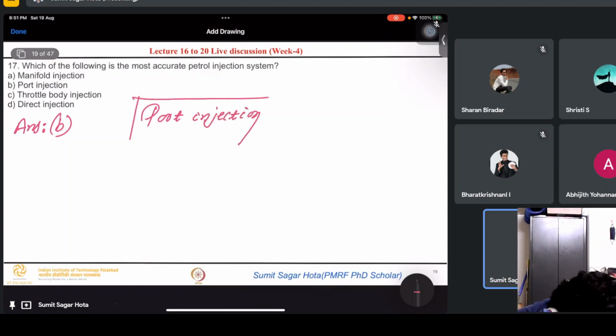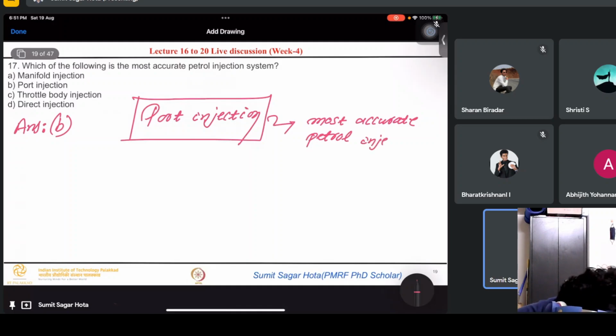Port injection: most accurate petrol injection system.